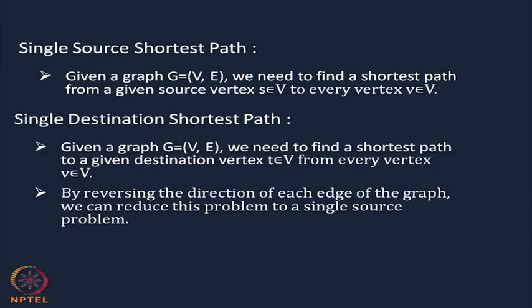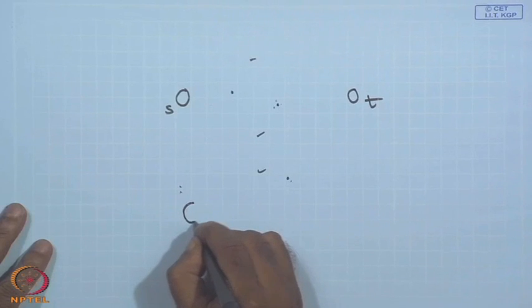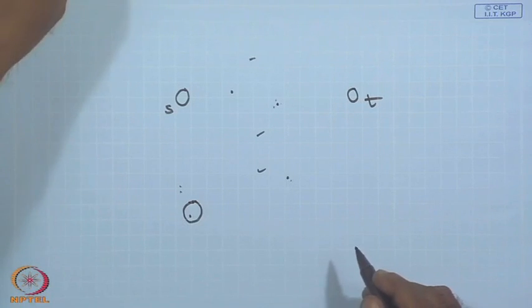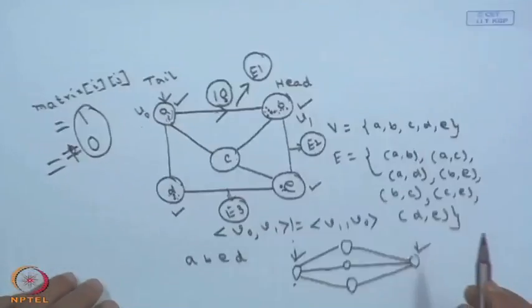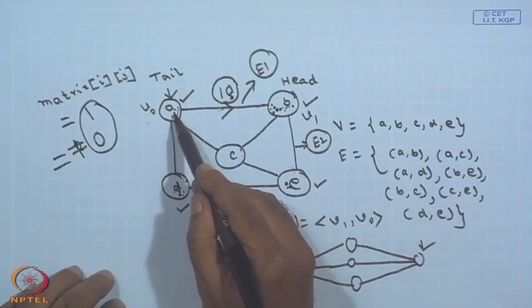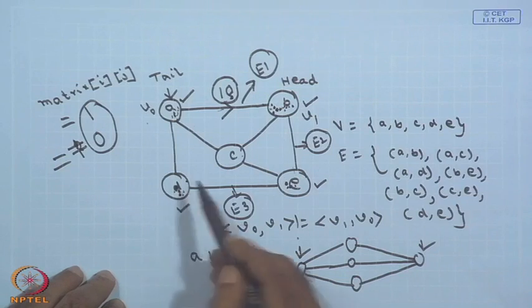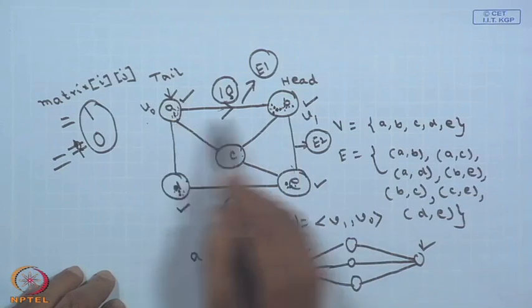Now, single source shortest path: basically, whatever we will discuss is the single source and single destination shortest path. Single source shortest path means the path starts from only one source. For this problem, the path may start from here, here, or here, and its destination also may be any one of these.